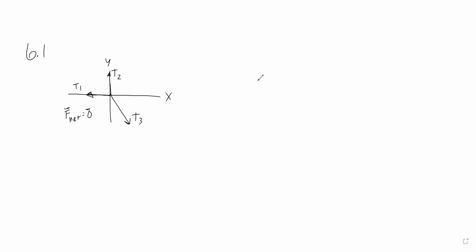And so what we'll do, the most basic step that you can always take, is to just write all the components for all the things. So this technically is in the x direction. So when I write parentheses x, what I really mean is the sum of the forces in the x direction, the sum of the components in the x direction. Okay, so this will equal T1x plus T2x plus T3x.